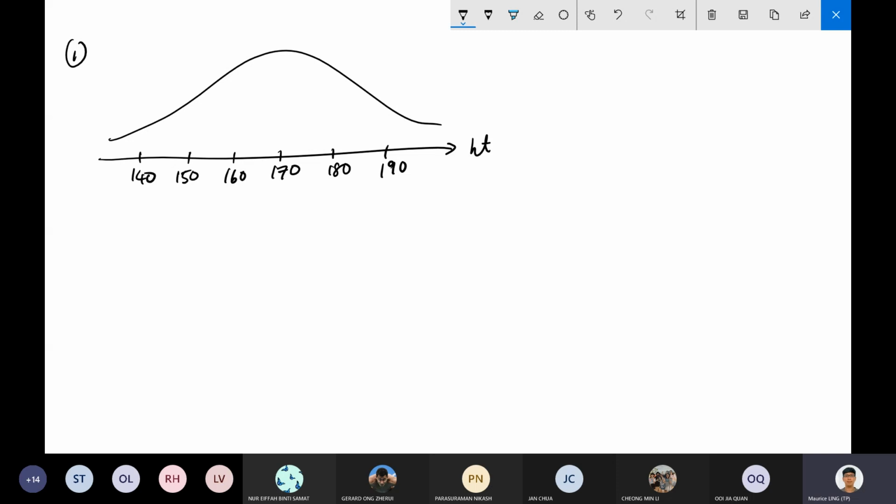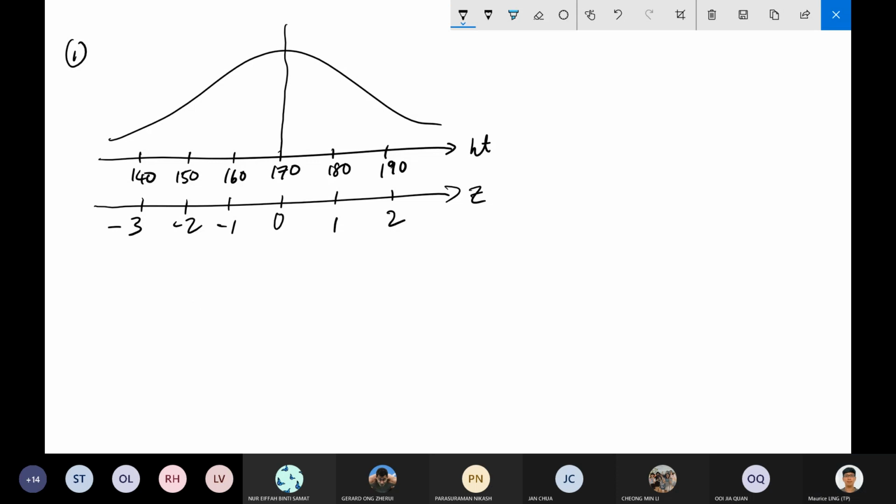This part you're okay, right? So this is the mean. Then when you convert into the z-score, this will be 0, 1, 2 standard deviations, minus 1, minus 2, minus 3 standard deviations. The second one will look something like this.